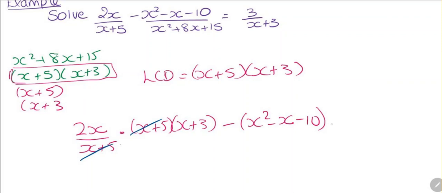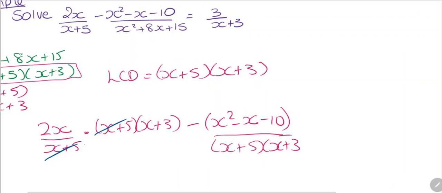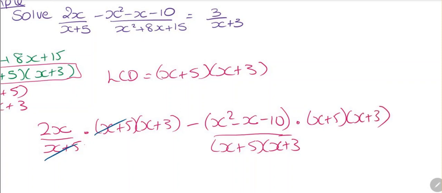And this is over, we're going to put it in factored form, so we'll put in the x plus 3. And we're going to multiply this by x plus 5 and x plus 3. And straight away we can see that these will simplify.